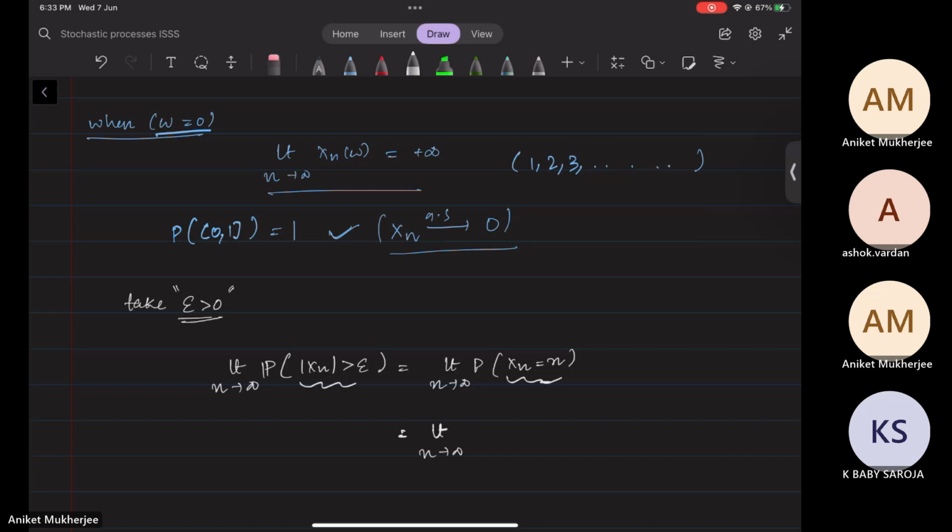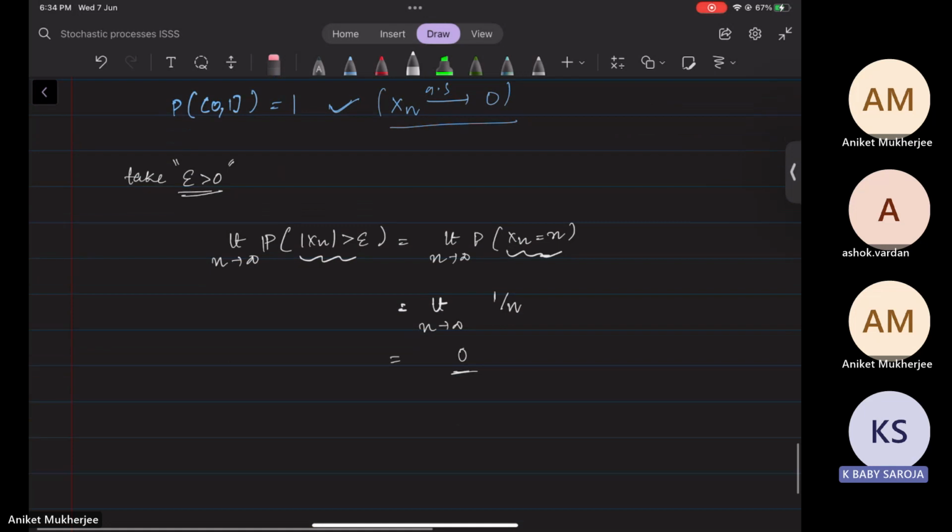So now we know the probability of Xn equal to n is 1 by n. You know that the limit of this sequence is zero. So you can conclude that Xn converges to zero in probability. Is that clear?